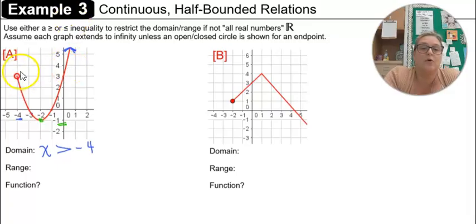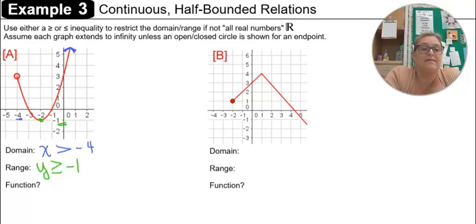So even though it's open on the left, this 3 is included in the range, because it's closed on the right side and then heads up to infinity. So our y's, the range, can be anything greater than or equal to that lower bound of -1.